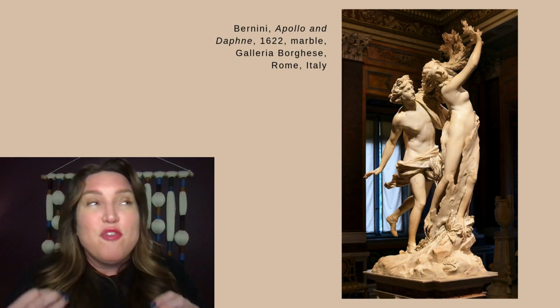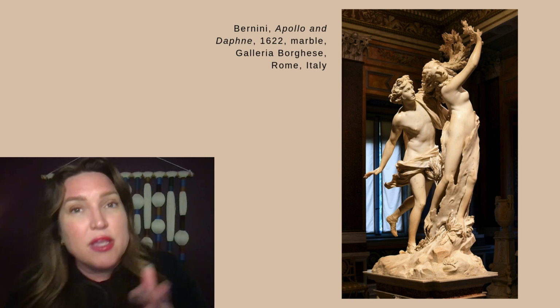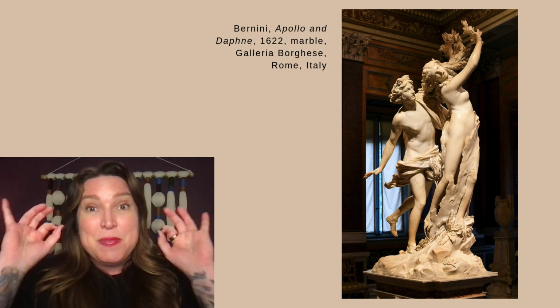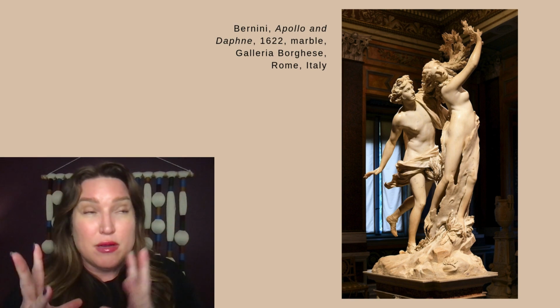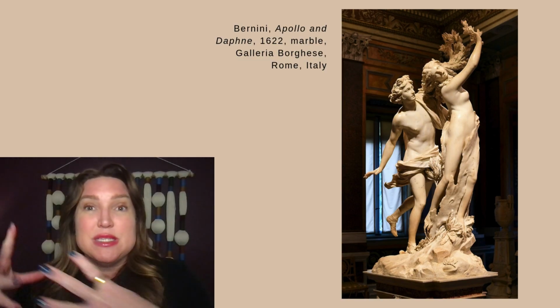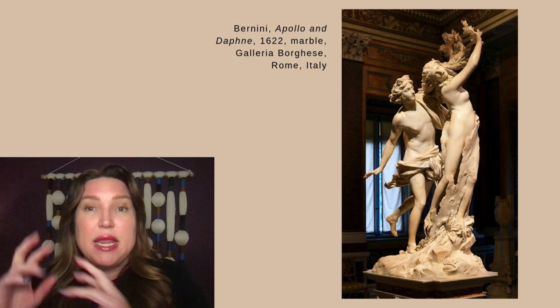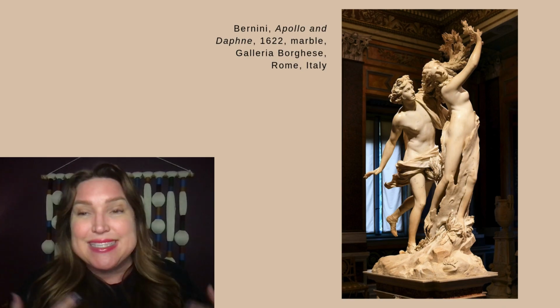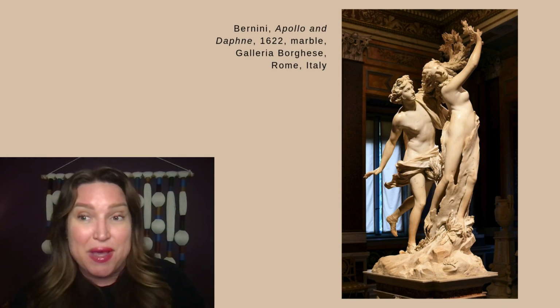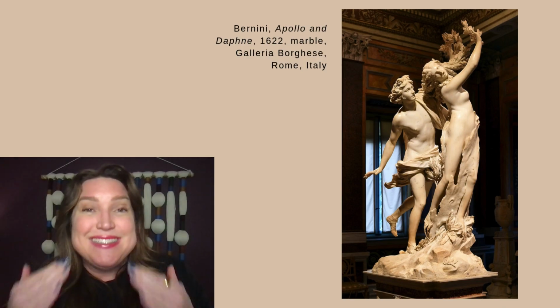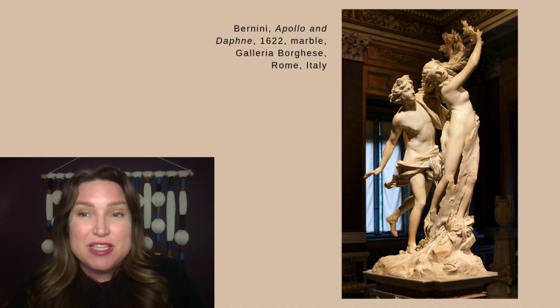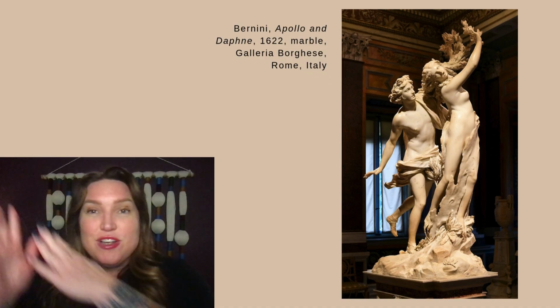But when we're doing a formal analysis, we're talking really about those elements of art. And the big one I would talk about here is how the artist uses form or line to create this sense of movement and drama. So you see this dynamism in this sculpture is created by using these strong diagonal lines.